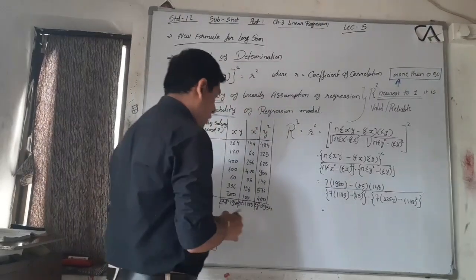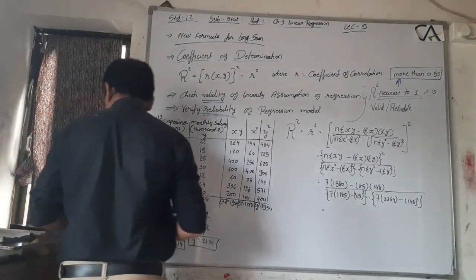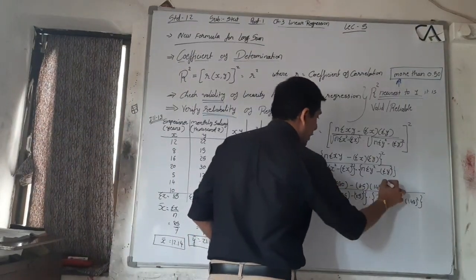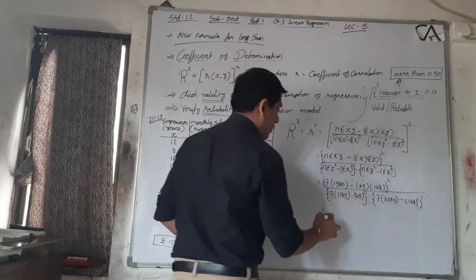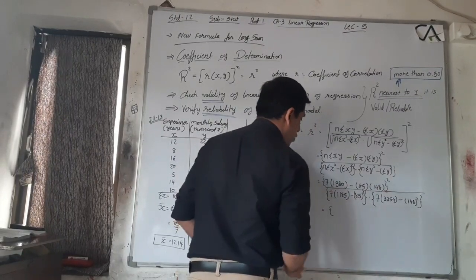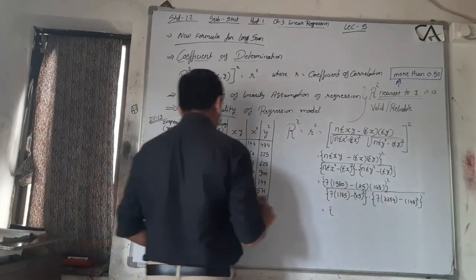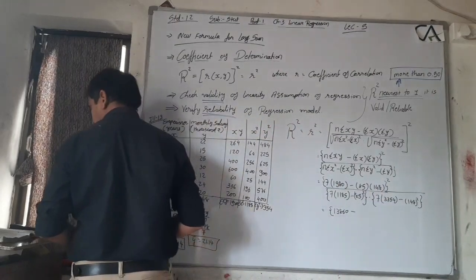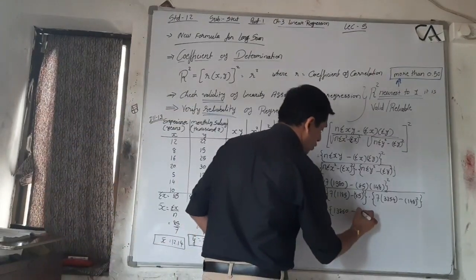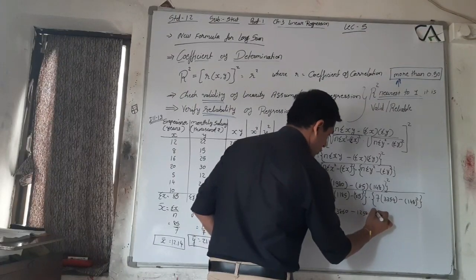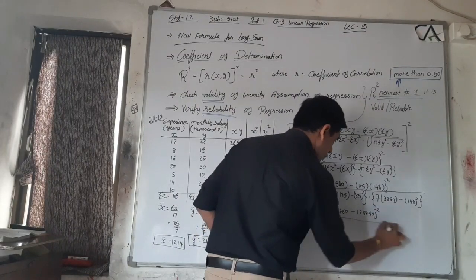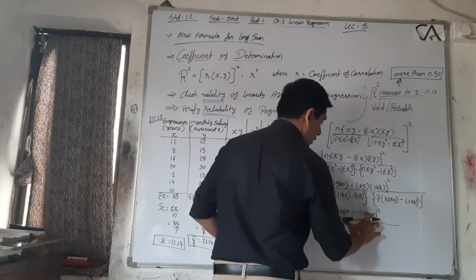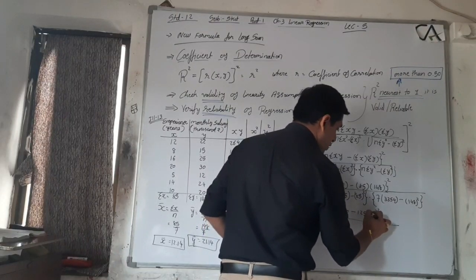Make the calculation in your calculator. 7 into 1980, that is 13860, minus 85 into 148, that is 12580, square.